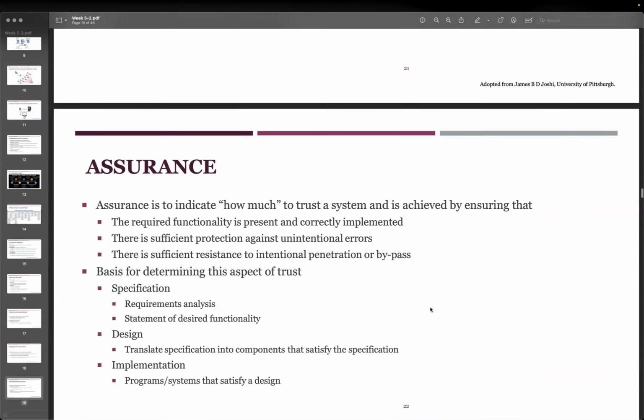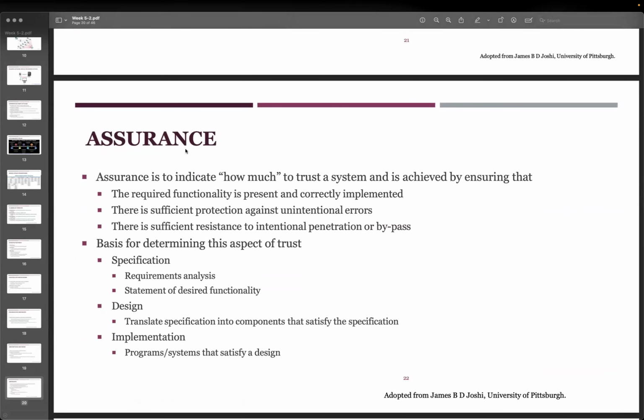So yes, and more, when we talk about assurance, it indicates how much to trust the system. Also we have to ensure that it has the required functionalities, that it's correctly implemented, and that it gives sufficient protection, or sufficient resistance to intentional penetration or bypass. Okay, right now they try to use more mechanisms to check to avoid bypass.